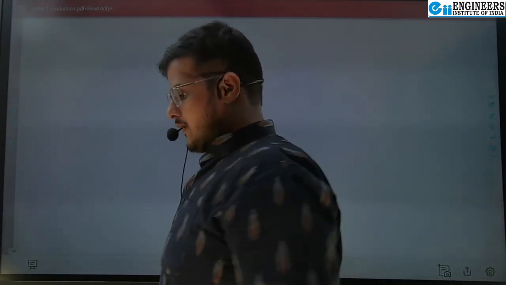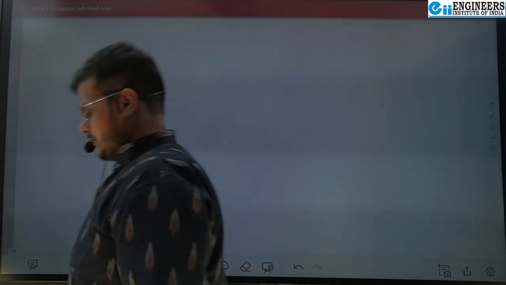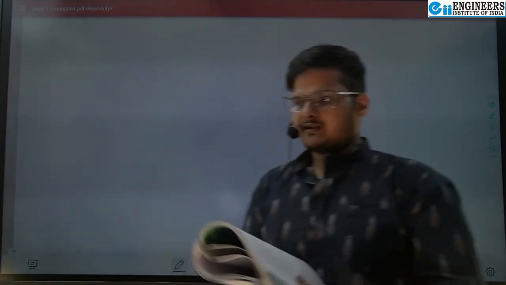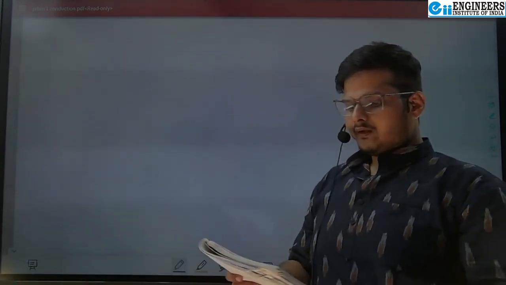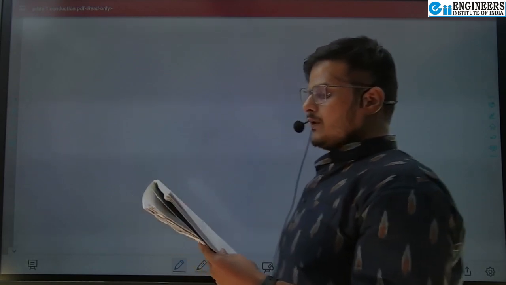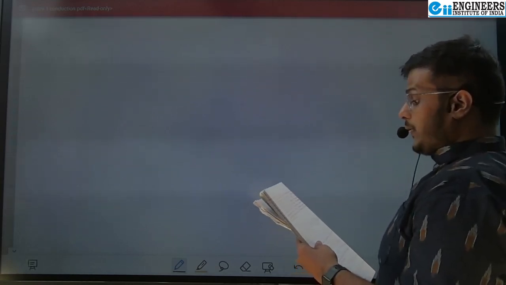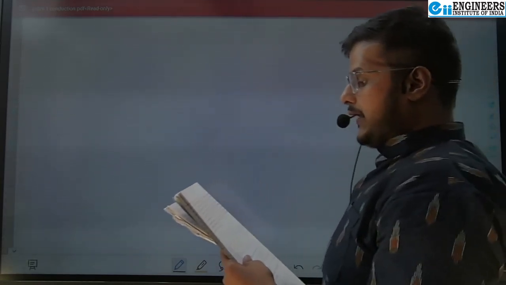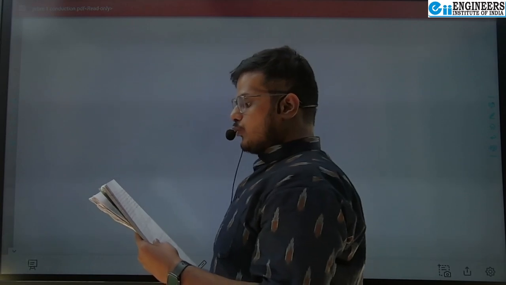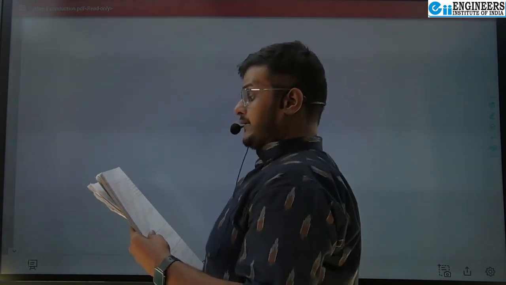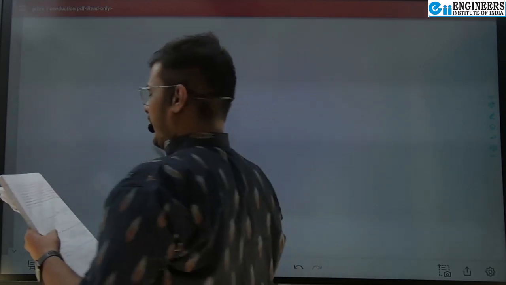Okay, so I will try to dictate the question over here. Suppose a layer of 5 centimeter thick insulating brick, having conductivity of 1.5 watt per meter Kelvin, is placed between two 0.5 centimeter thick steel plates.